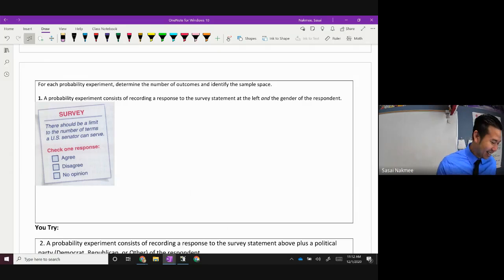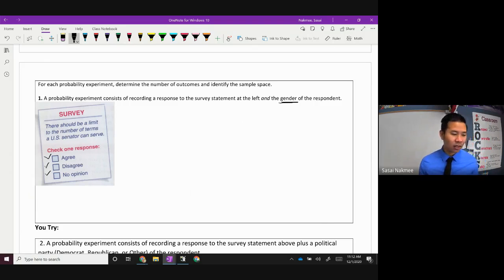A probability experiment consists of recording the responses to a survey statement at the left and the gender of the respondent. So here are the responses on this survey. They either agree, disagree, or have no opinion, right? That's the first part. And the gender of the respondent.